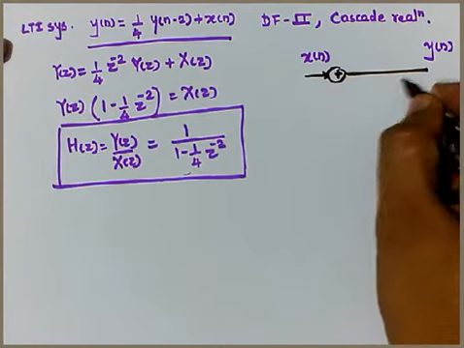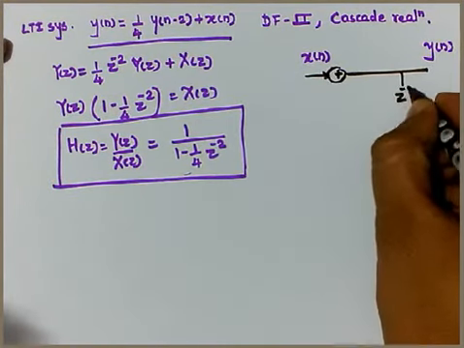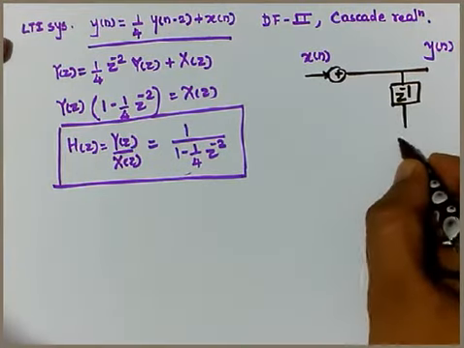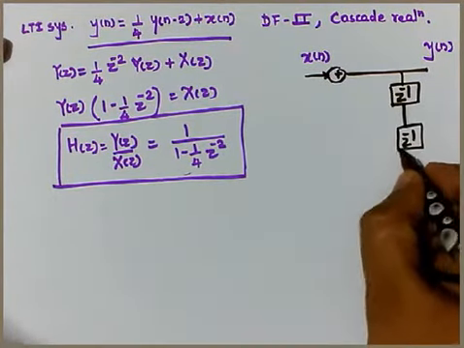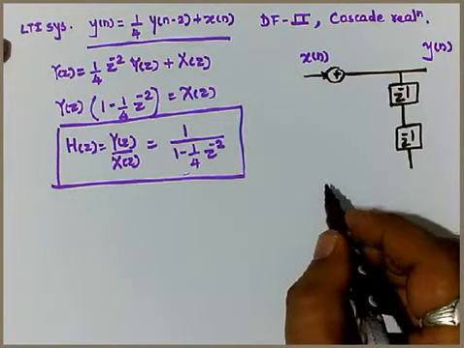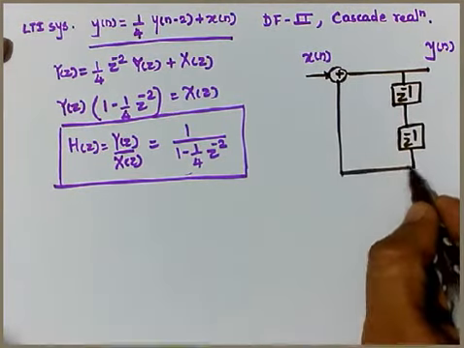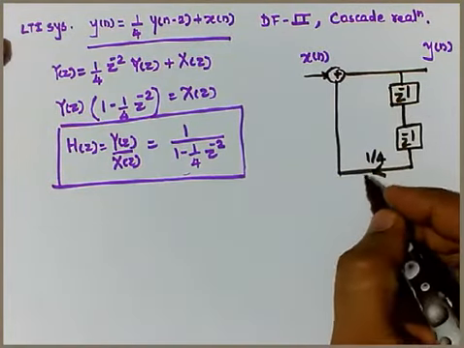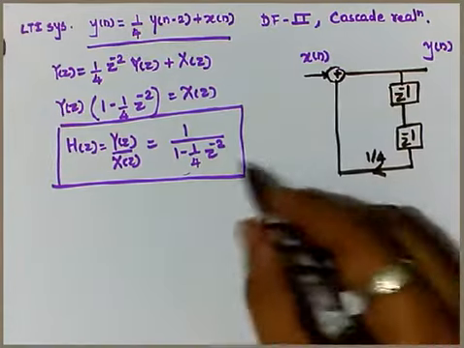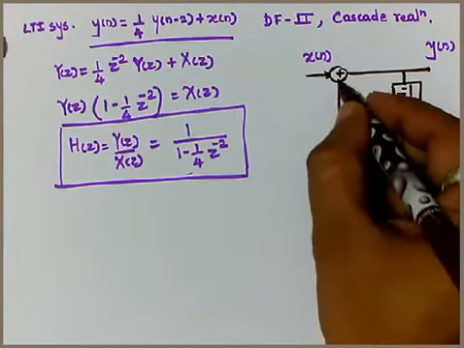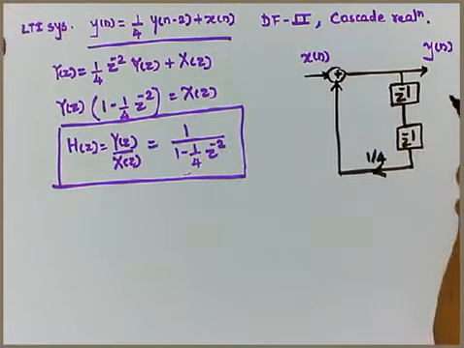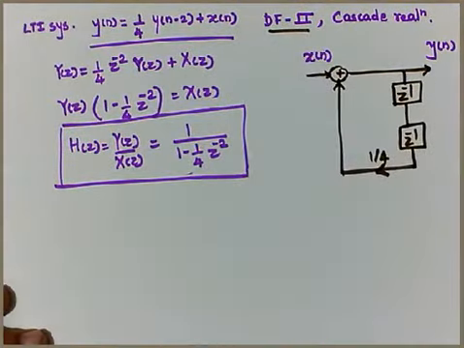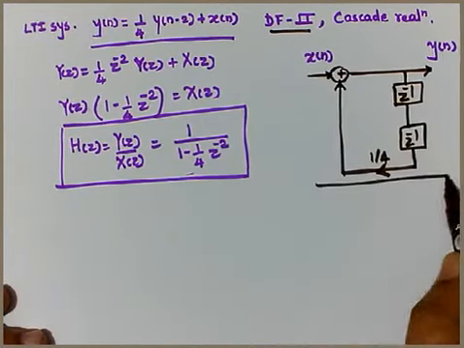It will be directly added to the y of n. The z raised to minus 1 term is absent, so again let me add one more z raised to minus 1. This is given over here with plus 1 by 4. Since it is all pole, revert the sign of the coefficient, so minus 1 by 4 will be replaced as a plus 1 by 4. So this is how the direct form 2 realization for this equation is done.